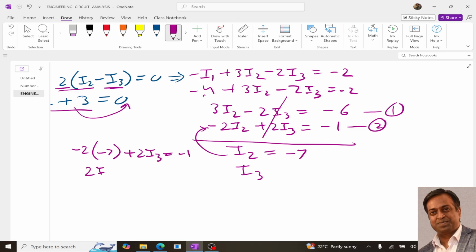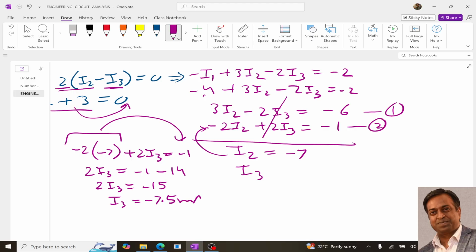So 2I3 equals, this is 14, taking it over here, minus 1 minus 14, so 2I3 equals minus 15, I3 equals minus 7.5 milliamperes. So I3 is minus 7.5 milliamperes, right? And I1 already we know is minus 4 milliamperes.